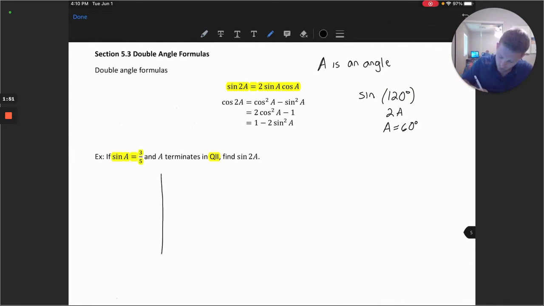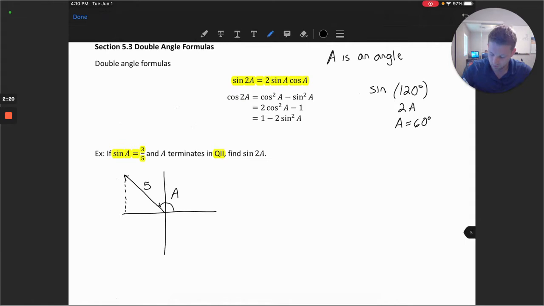We'll draw our coordinate system here, and we'll draw the angle that represents the sine of a equals 3/5 in the second quadrant. That would mean that our terminal side is going to be of length 5. And so if this is angle A in the second quadrant, we would have an opposite side of 3 and an adjacent side here.